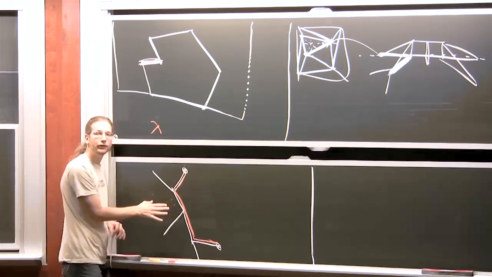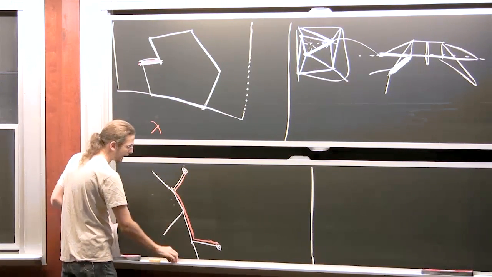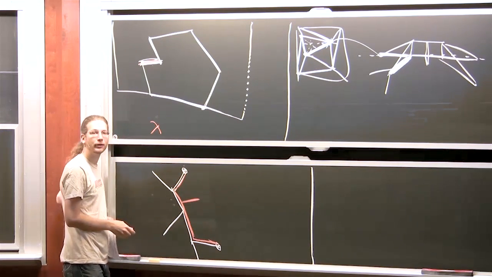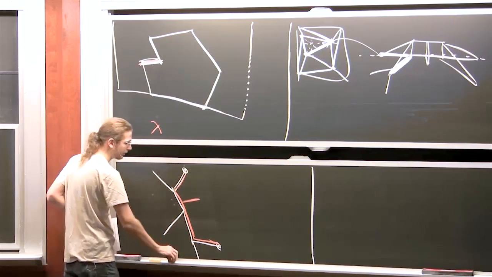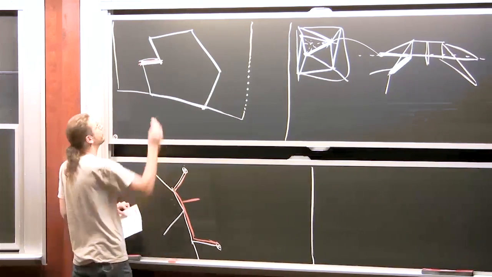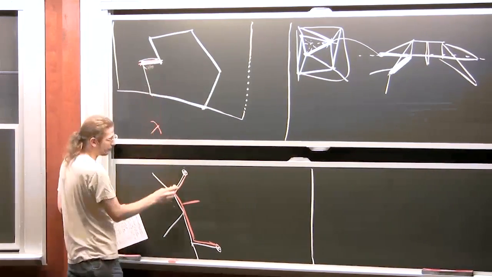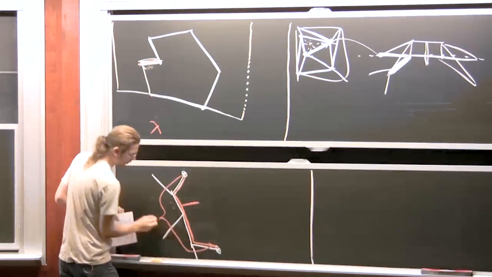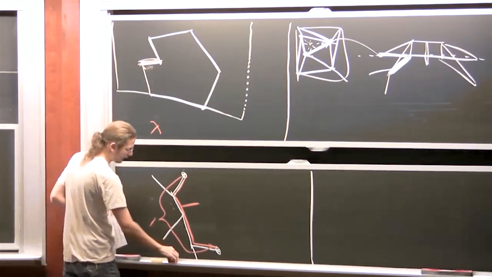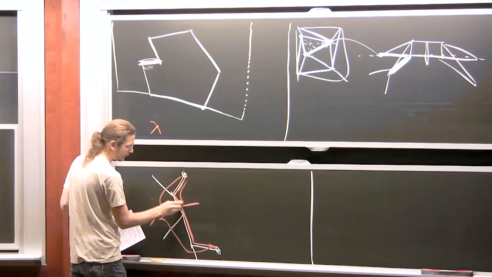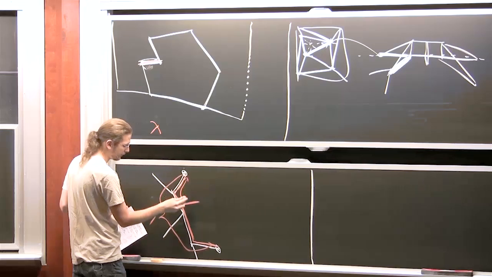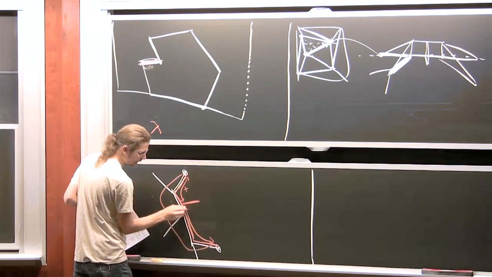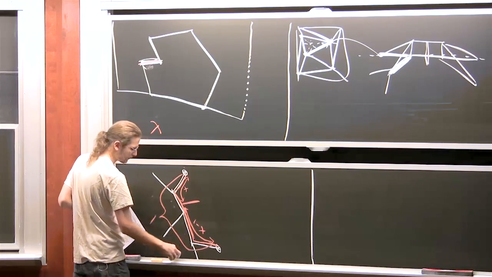Okay, so here's what I'm going to do. I'm going to modify the tree by adding a new leaf somewhere off of this path. Okay, where? For convenience, let's assume that this path length here is 1. Then I'm going to measure out some distance x here, which will leave a different distance 1 minus x here.